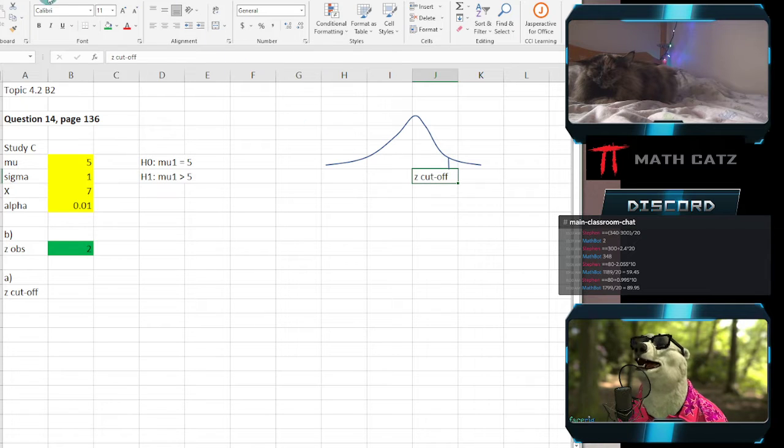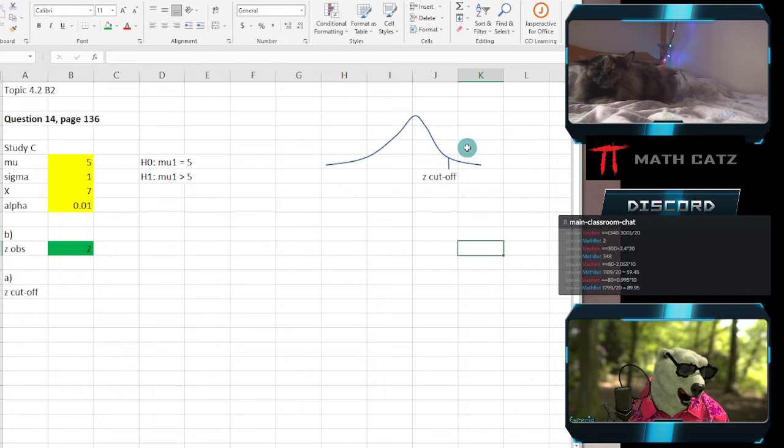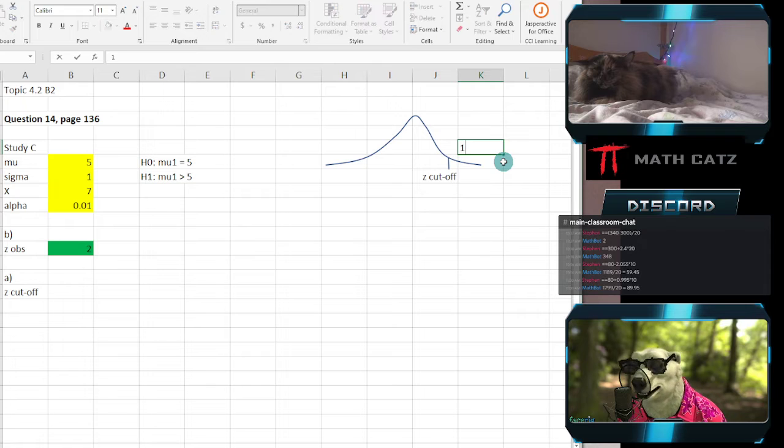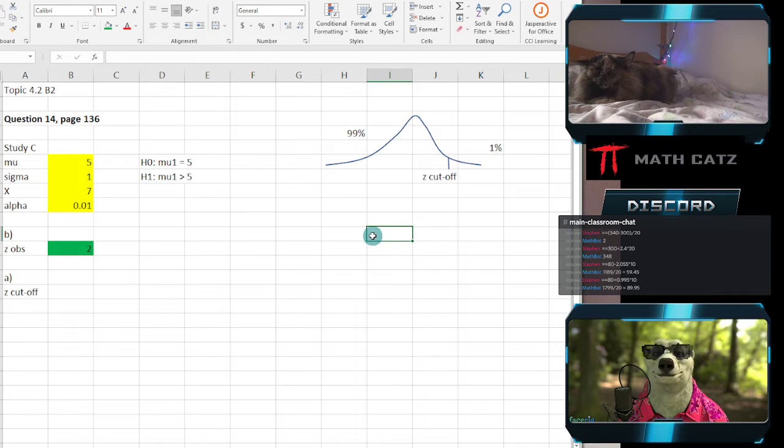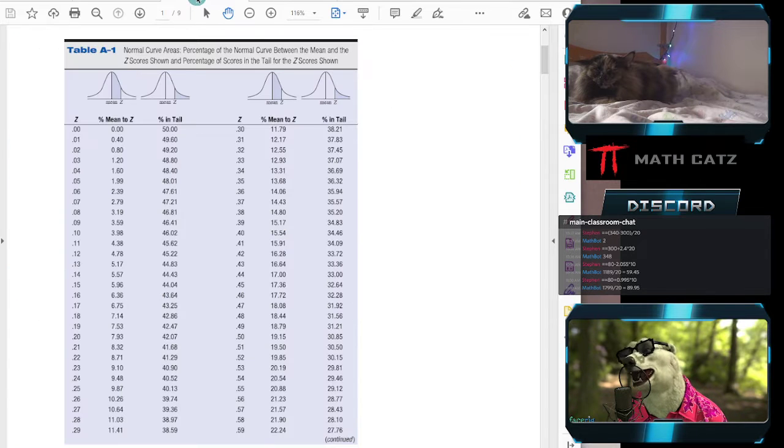Let's move it a little bit. Not much, but a little bit. So that over here is 1%, and on the other side is then 99%. I want to know what is the z-score that cuts it into these two pieces. Well, when we did it by hand, we looked it up in our table.